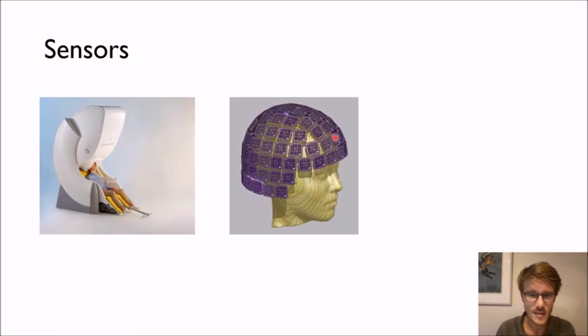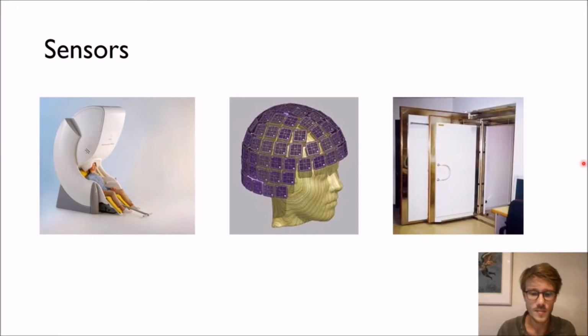You have a bunch of sensors that are incorporated in the MEG system and are as close to the subject's head as possible. So that's one requirement. We are now as close as we can without opening the skull of our participants. And to get rid of external sources of magnetic fields, the entire system is placed inside a shielded room, so we can eliminate as much noise from outside sources as possible.